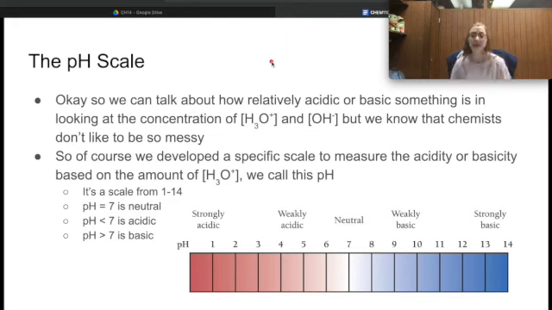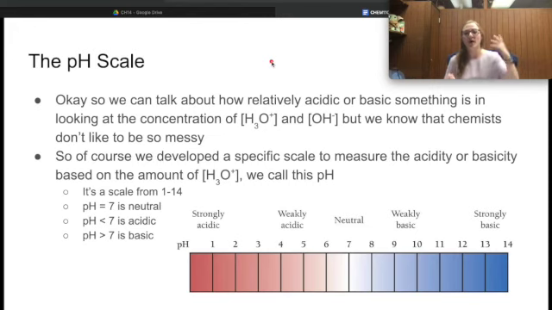So basically, chemists don't like to be messy. We don't like to deal with this stuff. As much as we developed scientific notation to take away some of the mess, we developed the pH scale to take away the mess of using scientific notation when comparing really, really small numbers, so that we don't have to figure out that 10^-6 is a bigger number than 10^-8, for example. So we developed a specific scale to measure acidity or basicity based on the amount of H3O+.